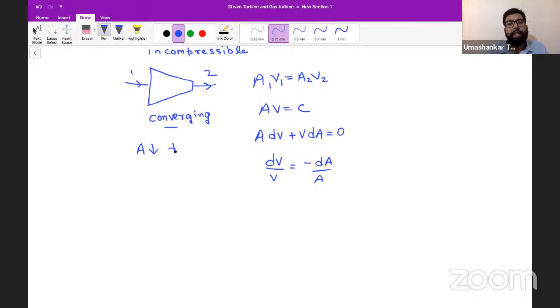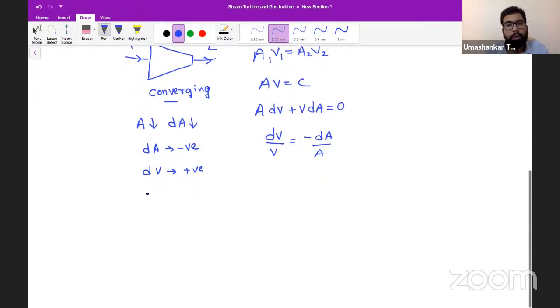So when area decreases, we can say that the change of area, this mathematical dA, is also decreasing. So dA decreasing means dA is negative. Very simple. So dV will come out to be positive. If you place something negative here, negative will be positive. dV will be positive. So we can say that velocity is increasing.